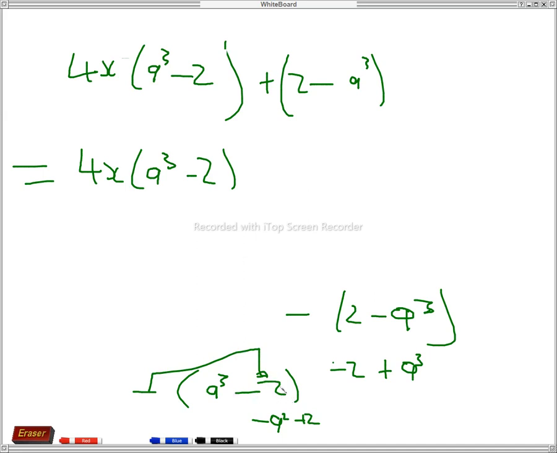Yes, I'm doing it correct. I should go back to where it was before. Now I can simply say 2 minus a cubed. So I showed you how to change a sign, so therefore I did change a sign here.